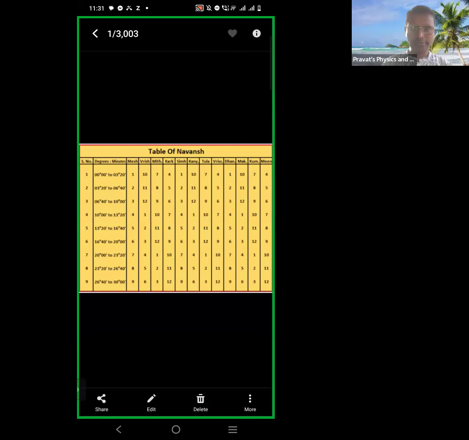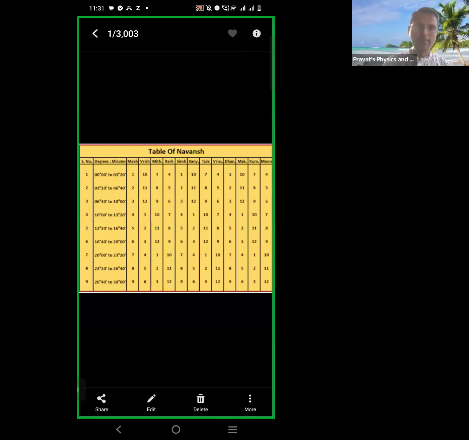Similarly, 20 to 23 degree 20 minute is the seventh division. 23 degree 20 minute to 26 degree 40 minute is the eighth division. And 26 degree 40 minute to 30 degree is the last division, that is the ninth division.